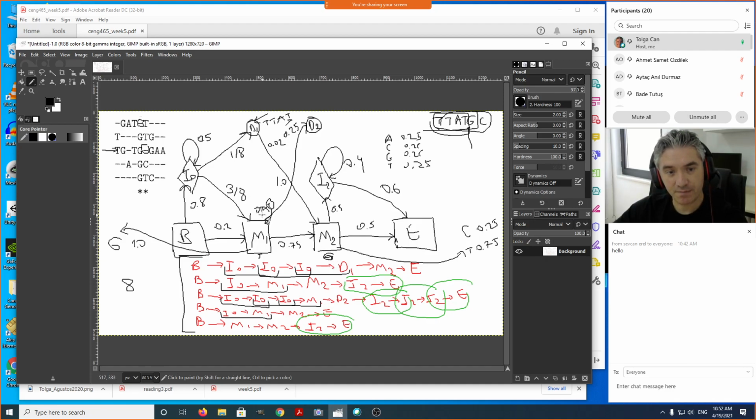If, for example, the probability of the best path that ends at M1 and observes the first four letters of the sequence is 0.002, also this is 0.002. Let's assume they are both equal probabilities.